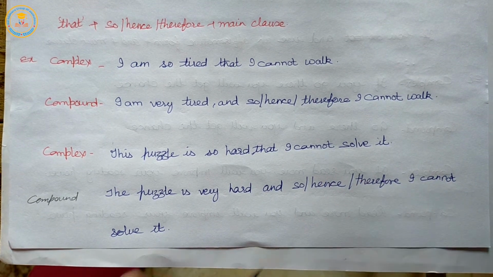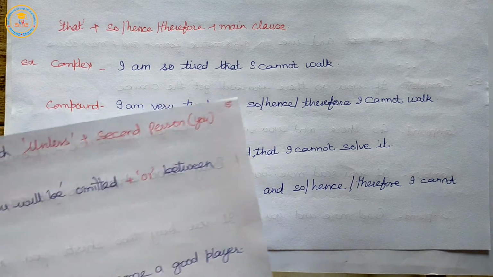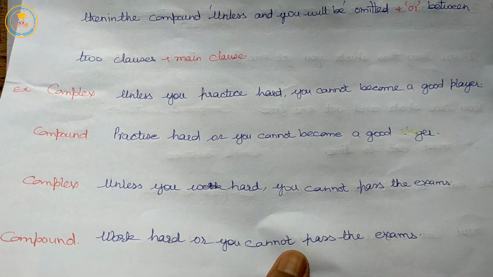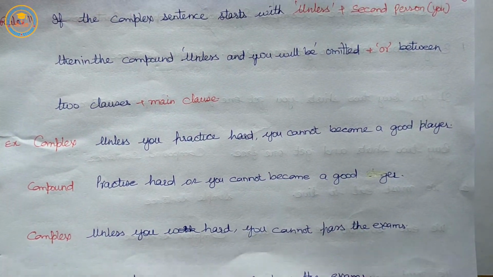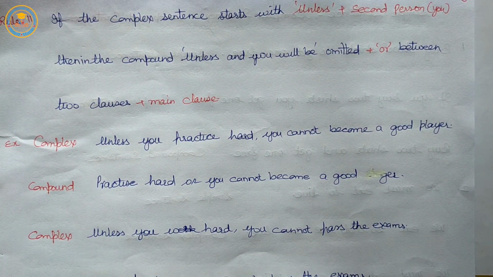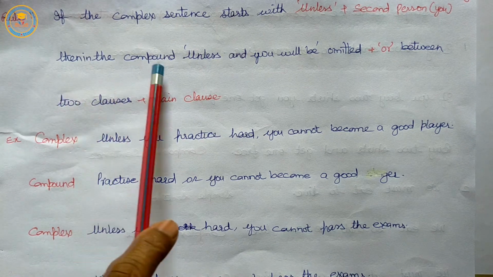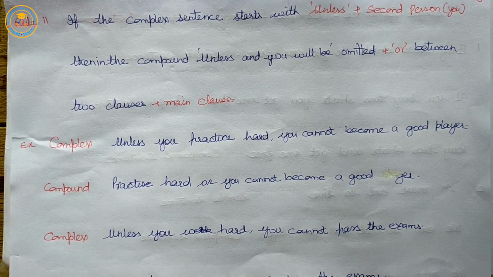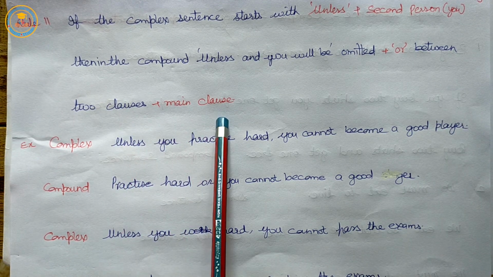Thoroughly read these sentences to understand the rule. So in our next, eleventh rule, we will see that if the complex sentence starts with unless plus second person you, then in the compound sentence unless and you will be omitted, plus or between two clauses and main clause.